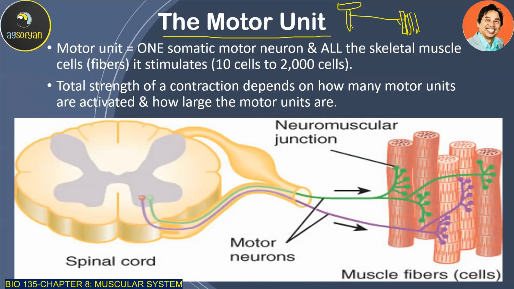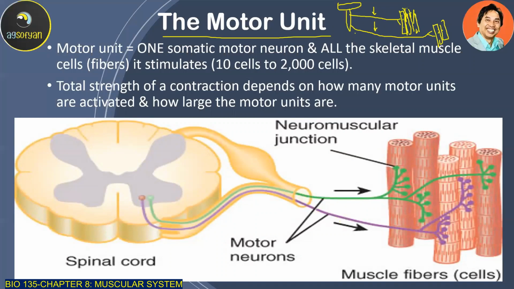The other one over here, maybe only goes to 10, 20 muscle cells, while the first one over here goes to 1,000 muscle cells. Each of these is called a motor unit. So a motor unit means one motor neuron that innervates a group of muscle cells.